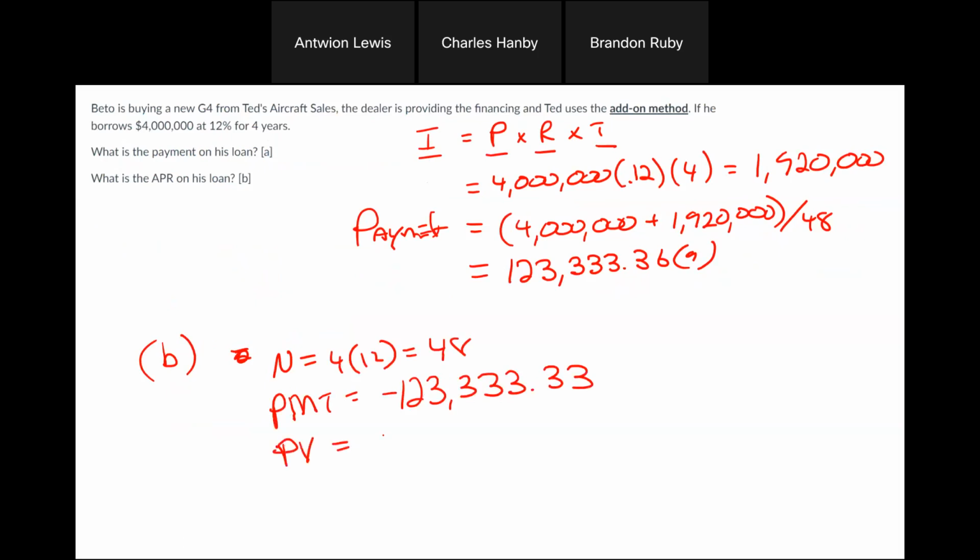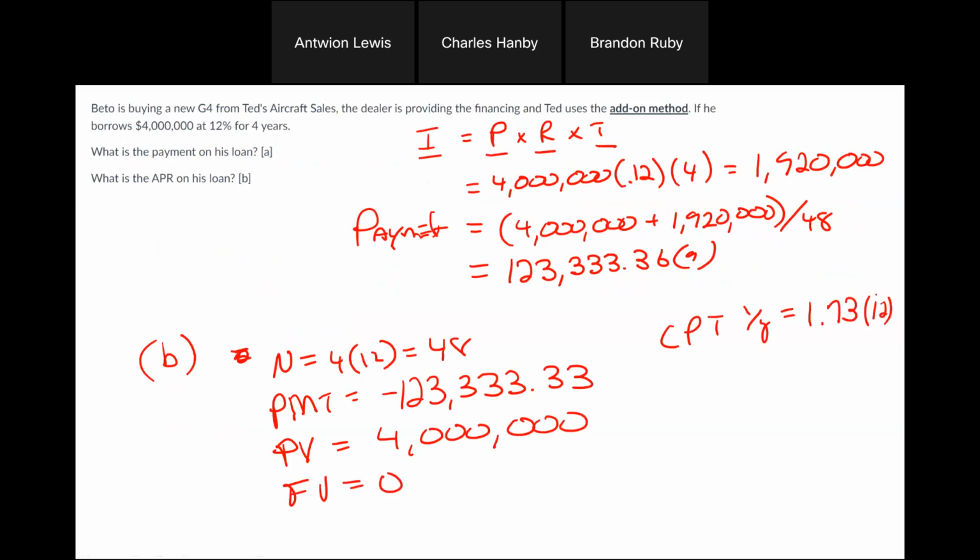Present value is the 4 million. Future value is 0. Then we compute I/Y and get 1.73, and that's a monthly rate. So we have to multiply by 12, which gives 20.75%.